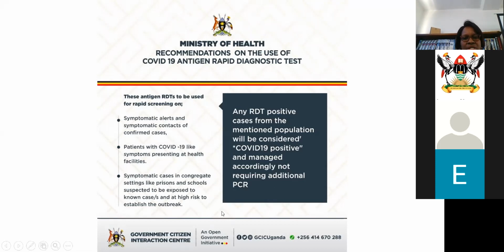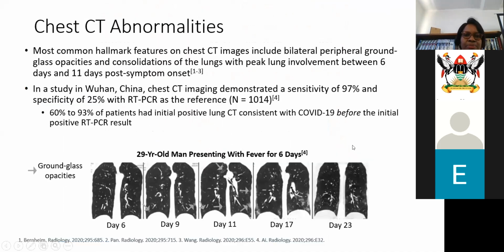Then the other category is for symptomatic cases in congregate settings like the prisons and schools, where it's suspected that they are exposed to known cases at high risk to establish an outbreak in those congregate settings. So any RDT positive cases from the mentioned population will be considered as COVID-19 positive, and they should be managed accordingly, not requiring additional PCR, and that is the current Ministry of Health guideline.